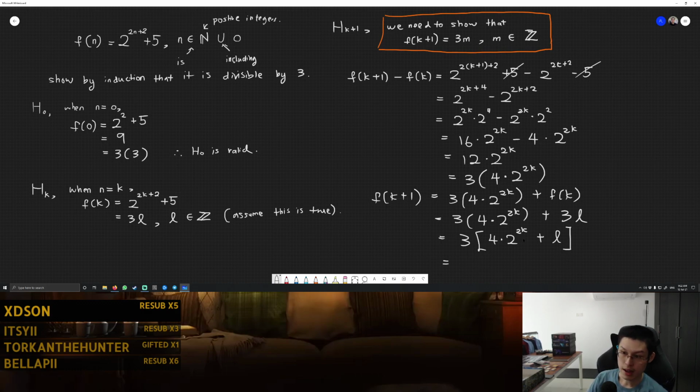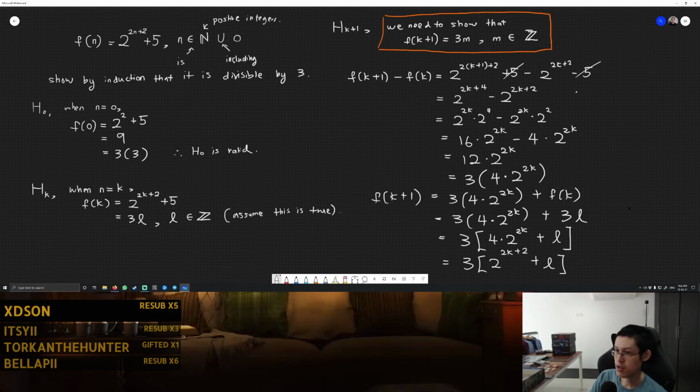So if you use x and times and they both look like a cross, it can be a bit confusing. So anyway, this is actually 2k plus 2 plus l. There we go. So that's how you show that f(k+1) is in fact divisible by 3.